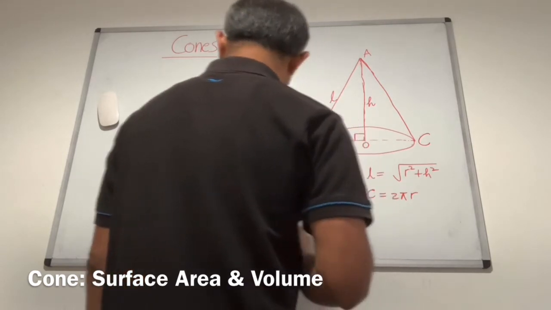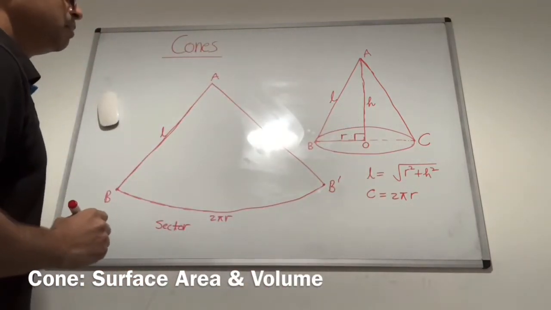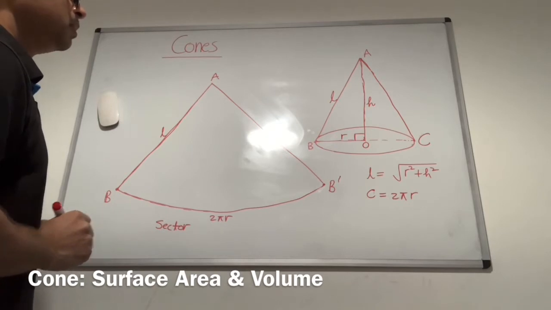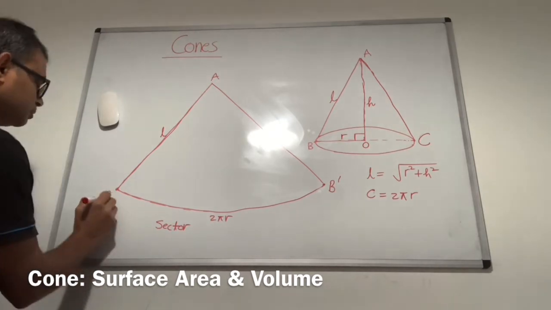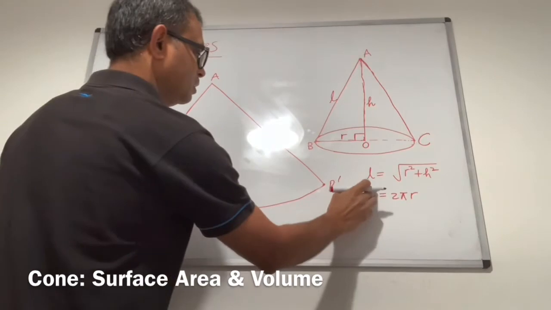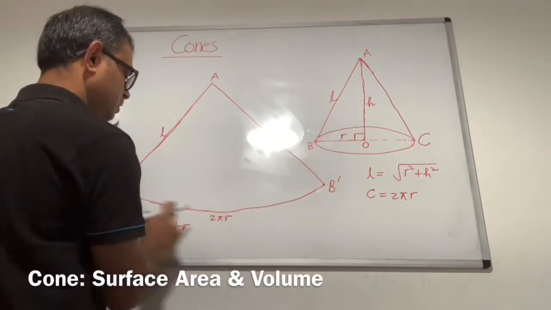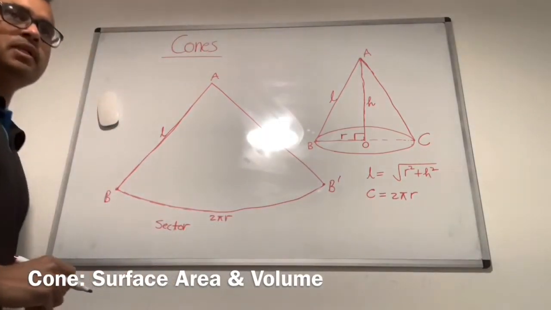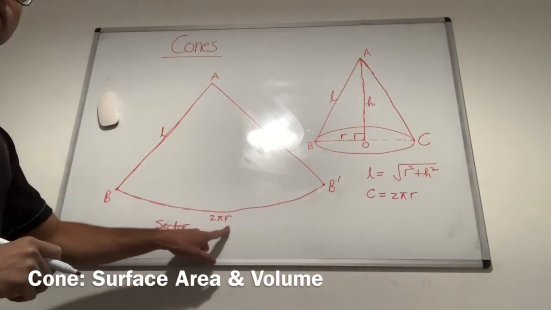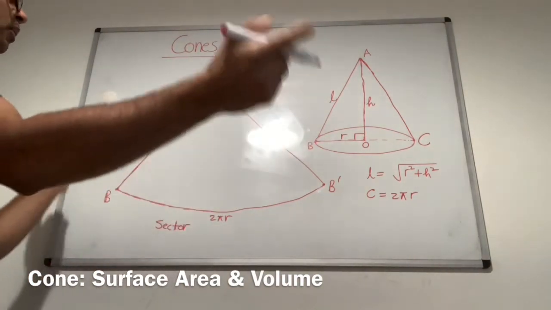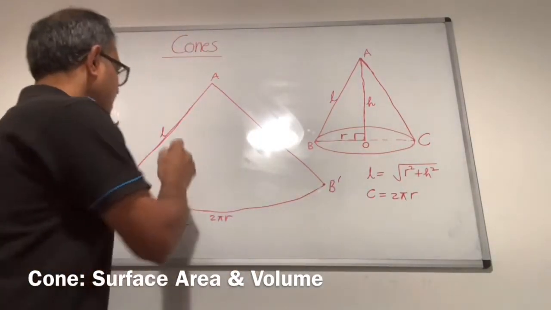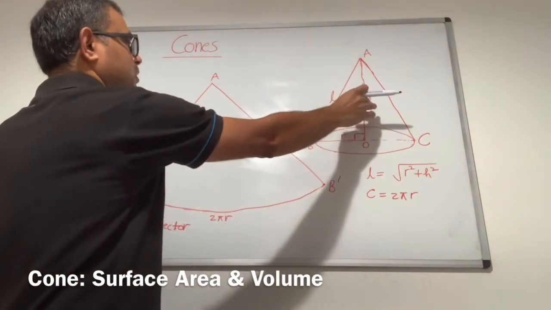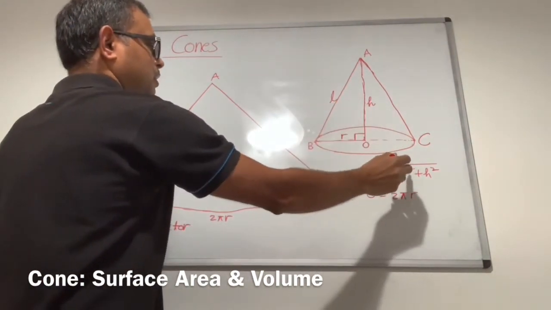So consider small c, which is this length, the circumference of the circle, which is 2 pi r. When you roll it, it becomes the circumference of the circle. And this one comes from h and r, square root of r square plus h square.